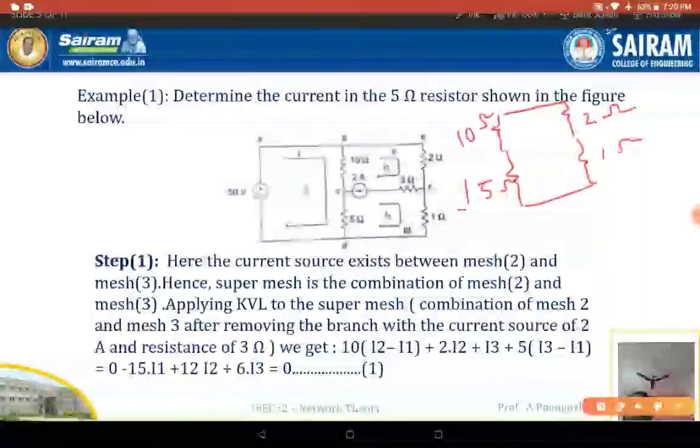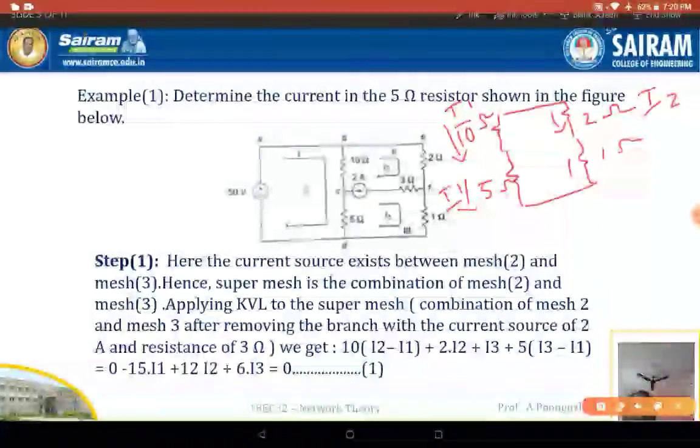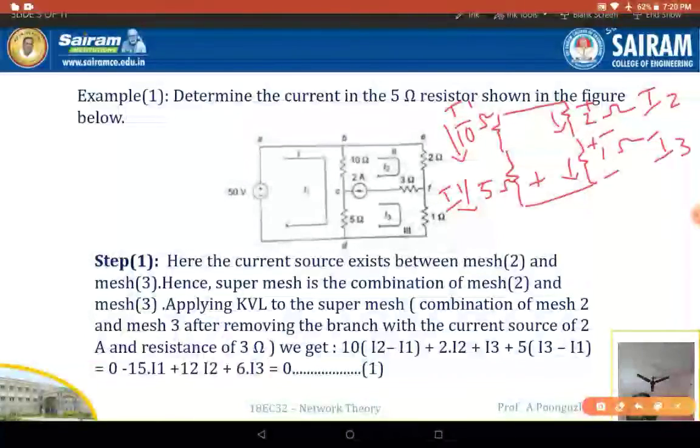The current entering like this is going to be your I1. Here it is nothing but your I1. Here it is your I2. Here it is going to be your I3. So the current is entering like this.